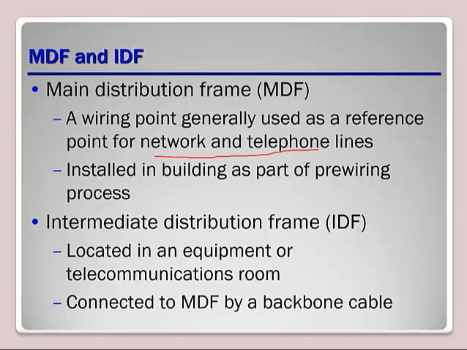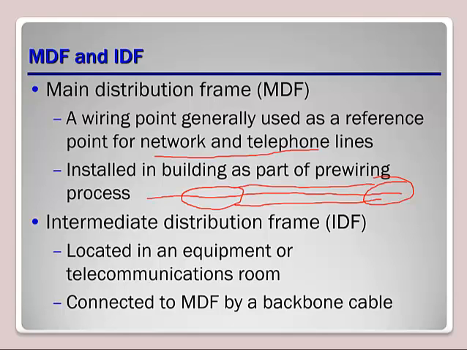They may have pre-wiring, or they may just have big pipes installed from certain areas, so that it's easier to pull wires through them later. You'll see this a lot in newer buildings. The intermediate distribution frame is located in an equipment room or telecommunications room, and is connected to the MDF by a backbone cable.